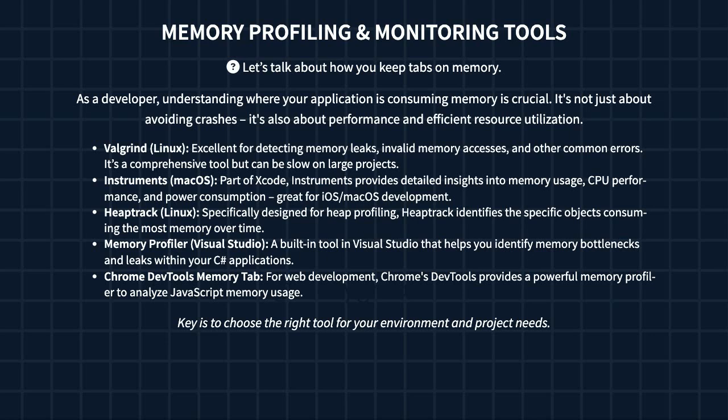For heap analysis specifically, HeapTrack can be super helpful. And if you're working with .NET applications, Visual Studio's built-in memory profiler is a good option. Finally, for web development, Chrome DevTools has a really effective memory profiler. The best tool depends on your platform and project, so knowing what options exist is key.